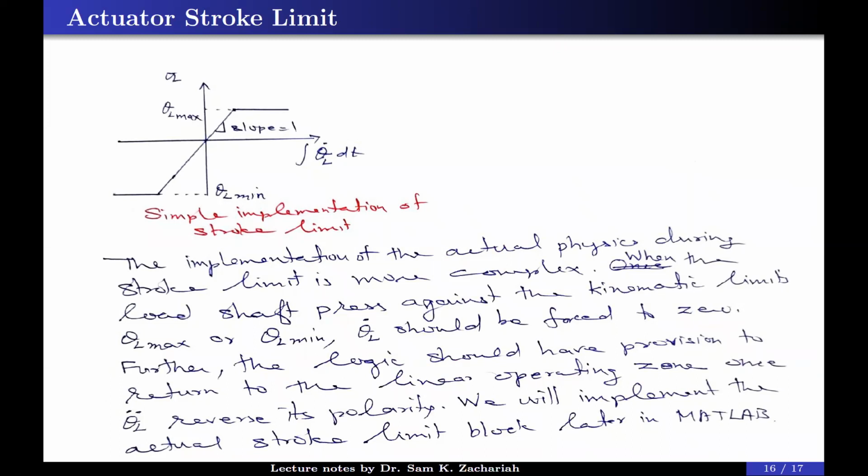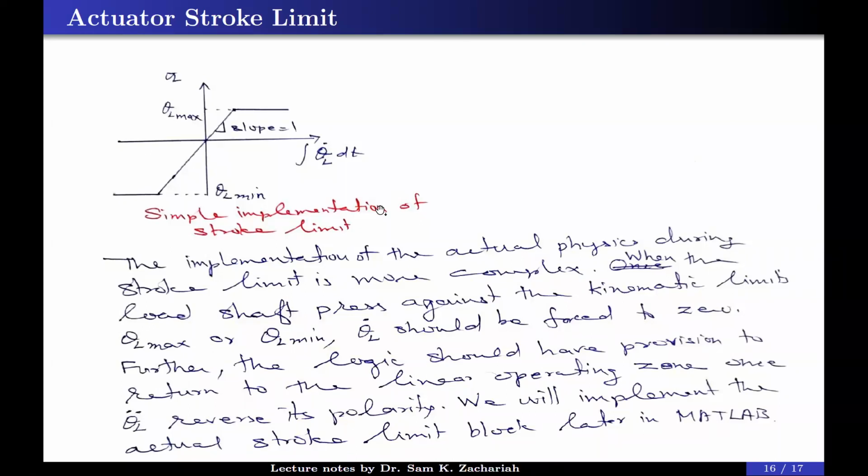How will you simulate that? That's a question. I have put a general block. The positive limit and negative limit need not be the same. For example, take your own body, ankle joint or elbow joint. There are two types of motion, clockwise or anti-clockwise, or in anatomical terms it is called flexion and extension motion.